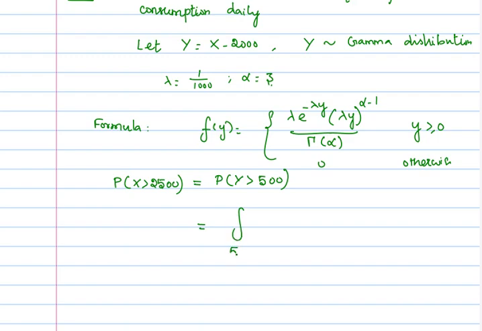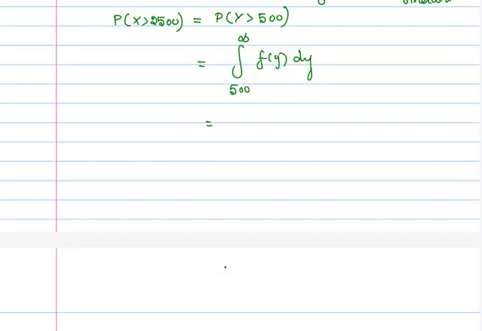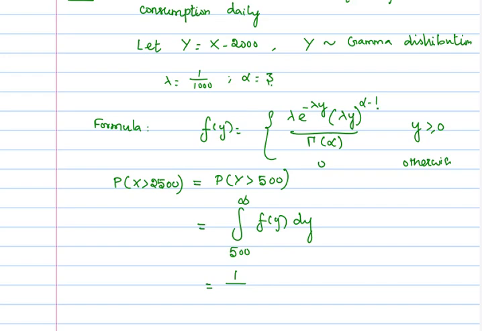After that it is very simple, just integration. Integral from 500 to infinity of f of y dy. Here lambda value is 1 over 1000, alpha value is 3.